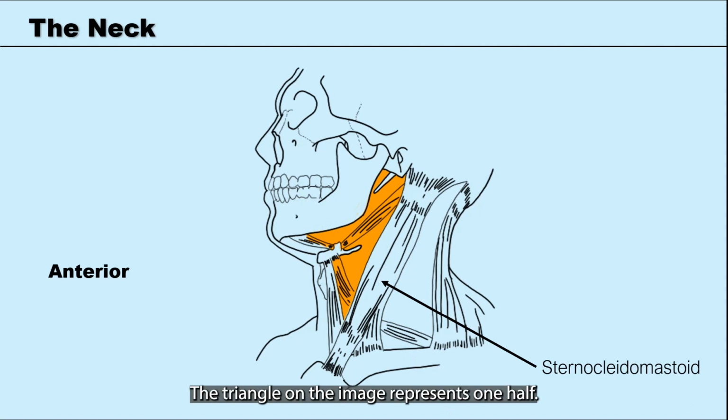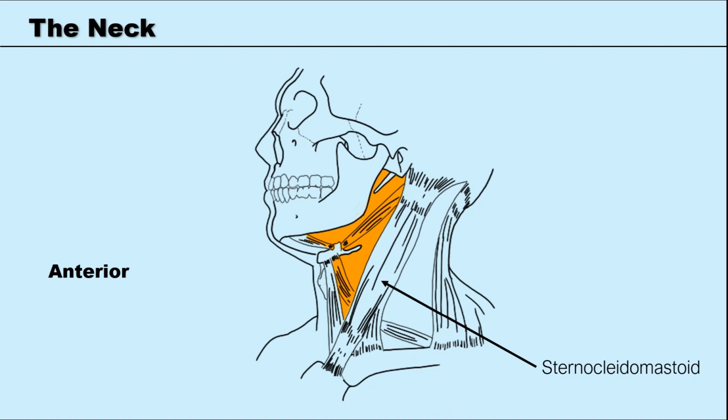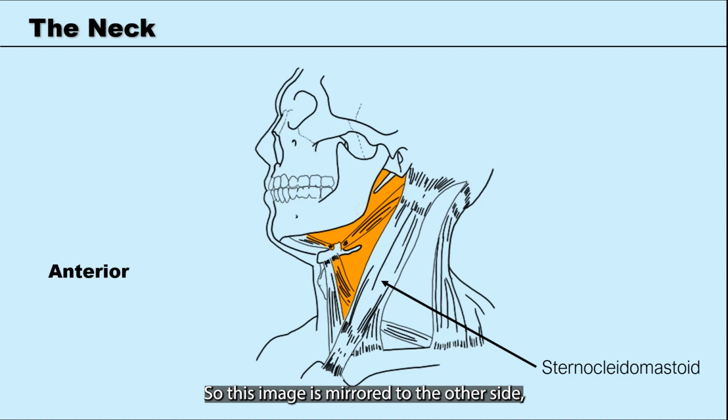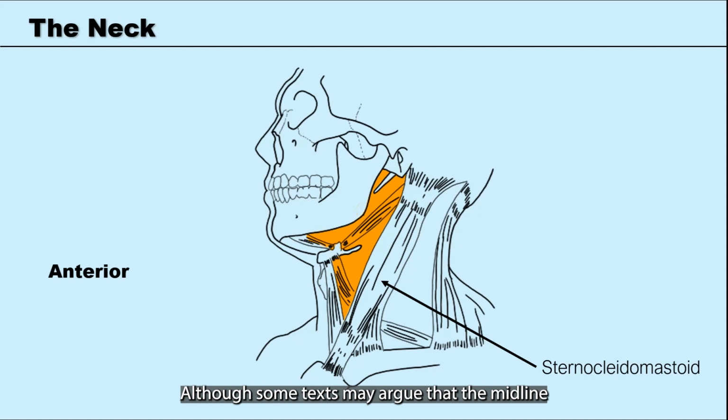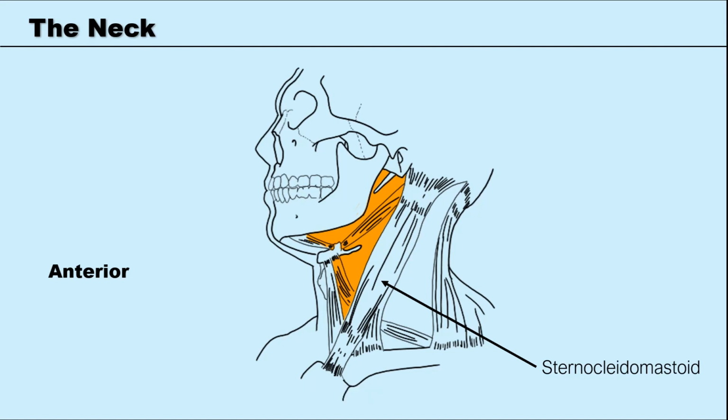The triangle on the image represents one half, so this image is mirrored to the other side, with no discernible border between the two halves, although some texts may argue that the midline separates the left from the right. We will move on to look at the triangles within the anterior triangle in a short while, but first let's have a look at the posterior triangle.